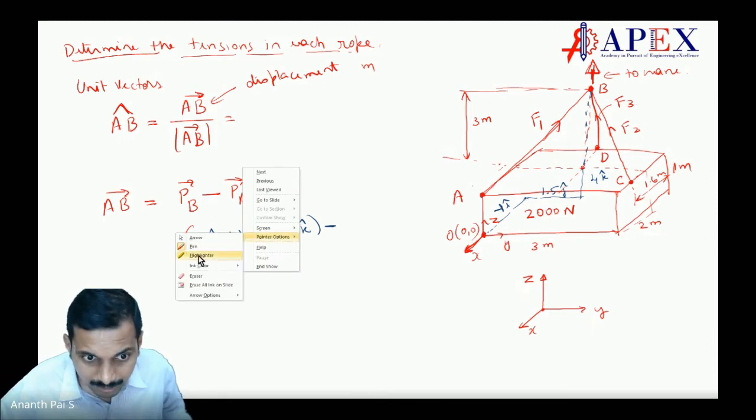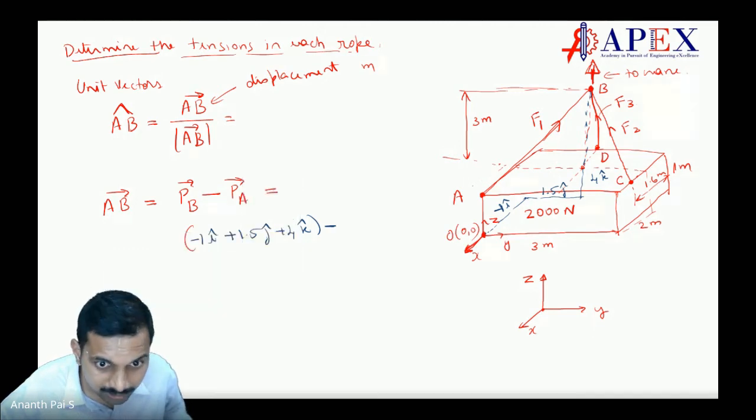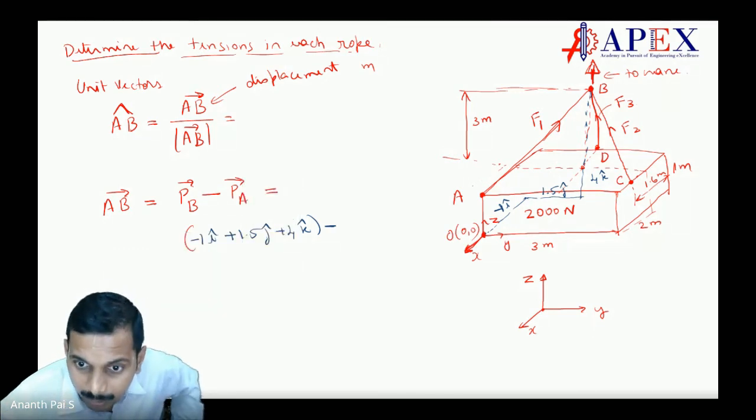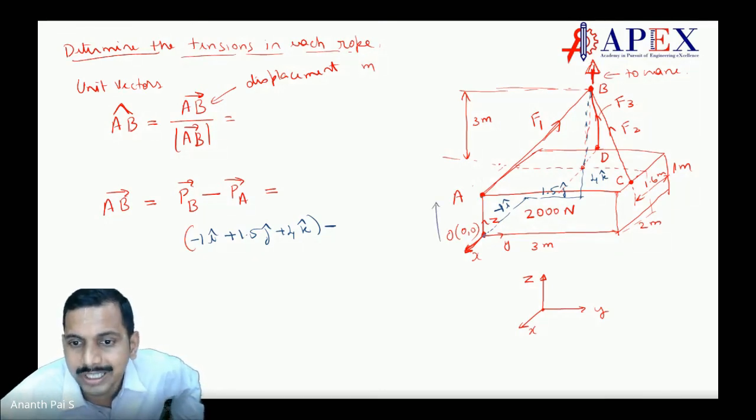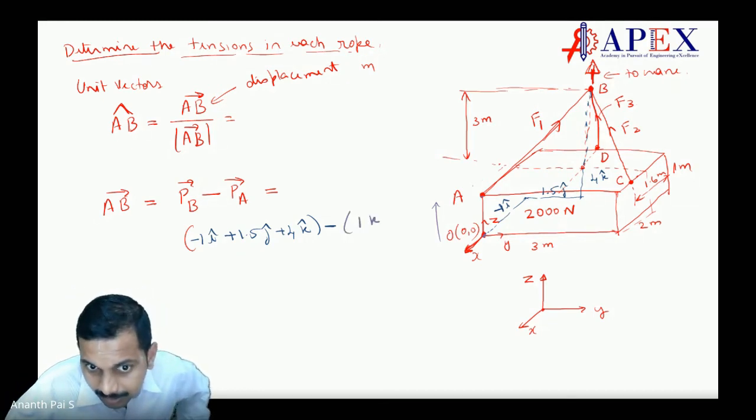If I say the other side, I'll use another bright color, purple. Next, from this point to here, how much should I move in this direction? I should move only in the Z direction, 1k, is it not? So it is 1k.